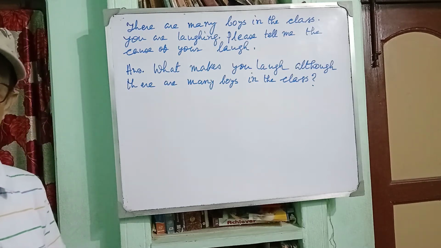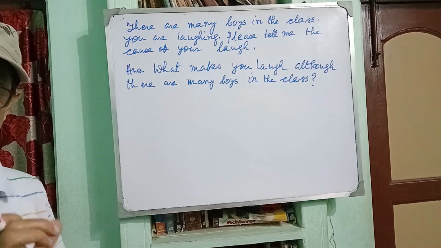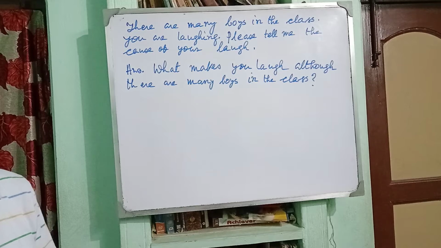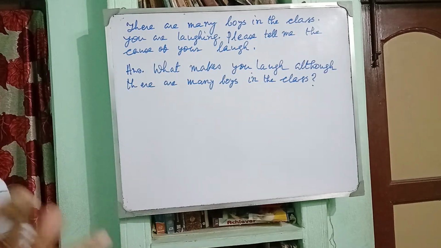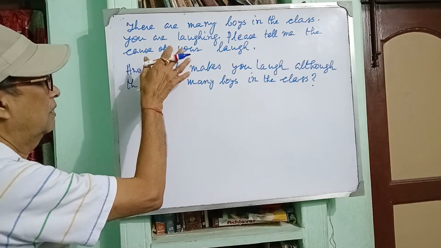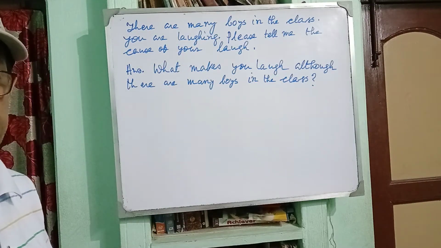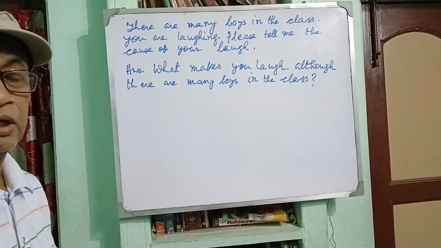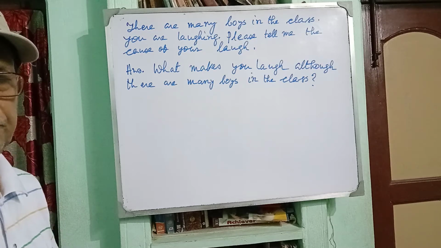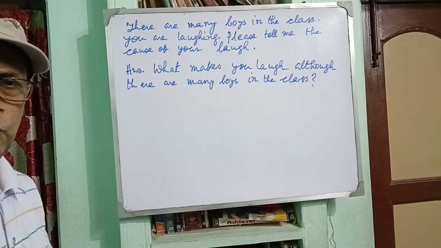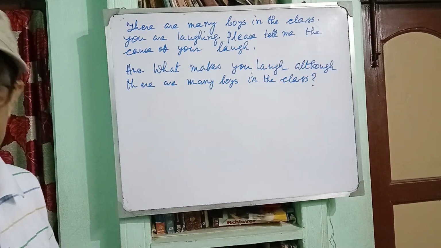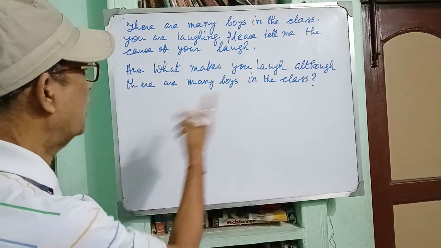So the question must be framed in such a manner that the answer must be explicit, and that is given or hidden within the sentences already given. So you will have to know the art of making questions. There are many persons who make a confusion of how to make a question. Clear?